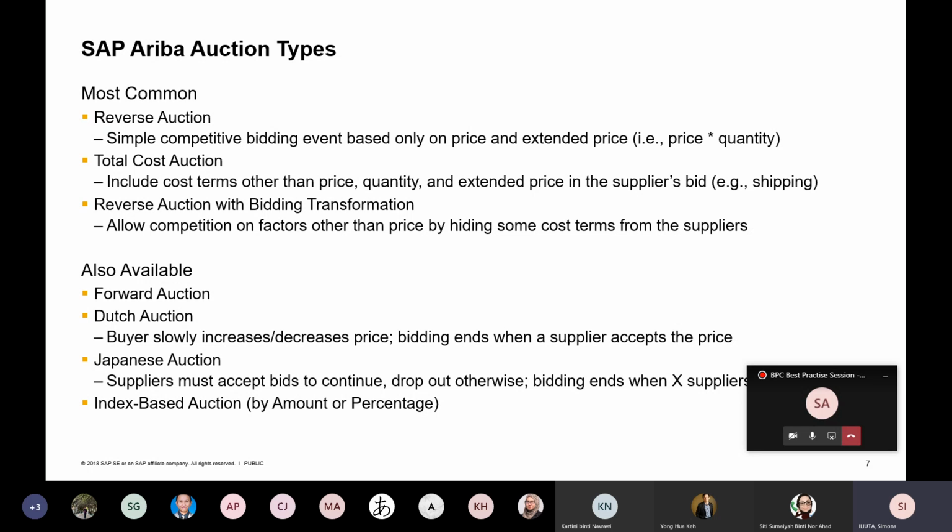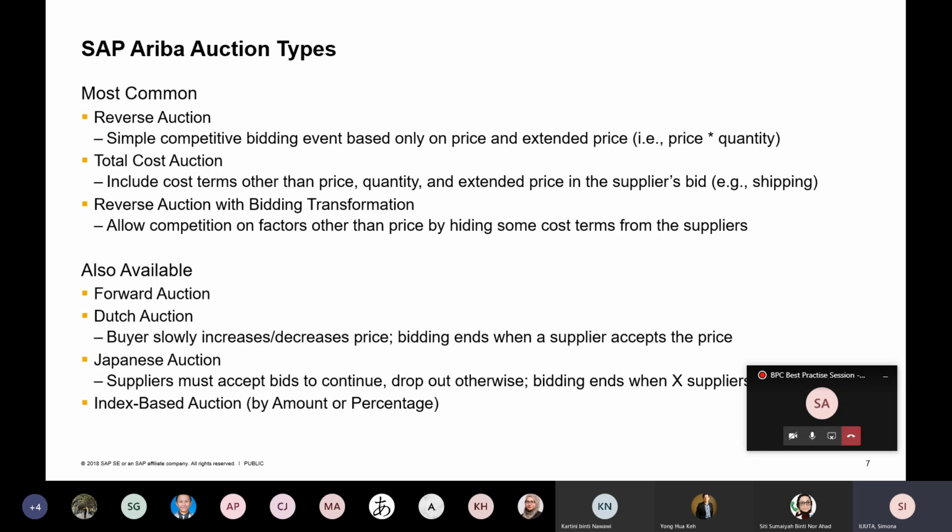In Ariba, the auction is considered to be the most complex event, and a successful auction corresponds to an auction where a buyer is able to properly set up a strategy and an auction in Ariba. But equally important is the communication you have with the suppliers, as well as the time that you give suppliers to familiarize themselves with the auction tool.